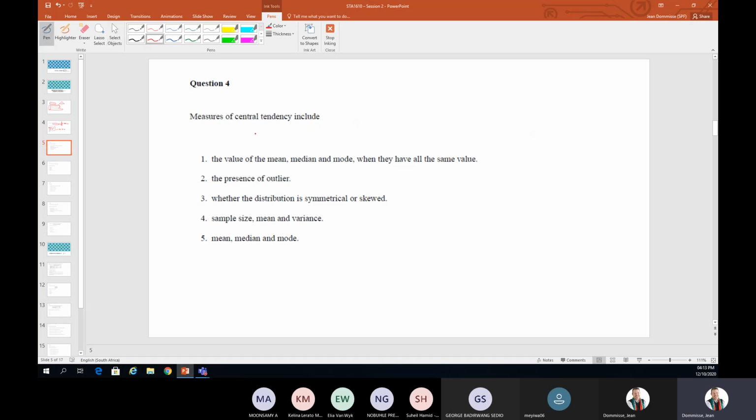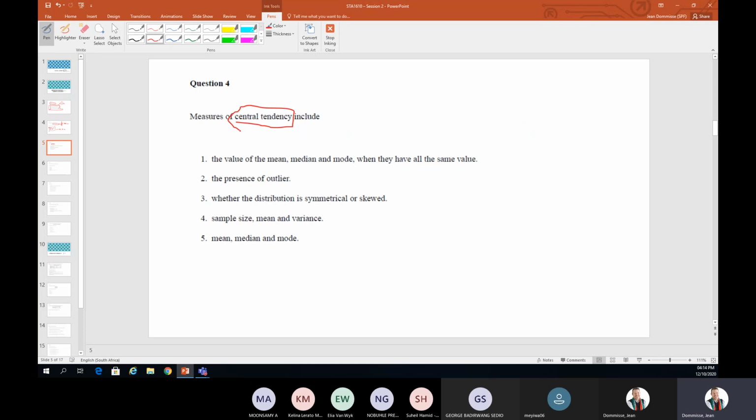Measures of central tendency. What would you say are the measures of central tendency? I can't always remember, so I go directly to my script notes. Normally it is mean, median, and mode.